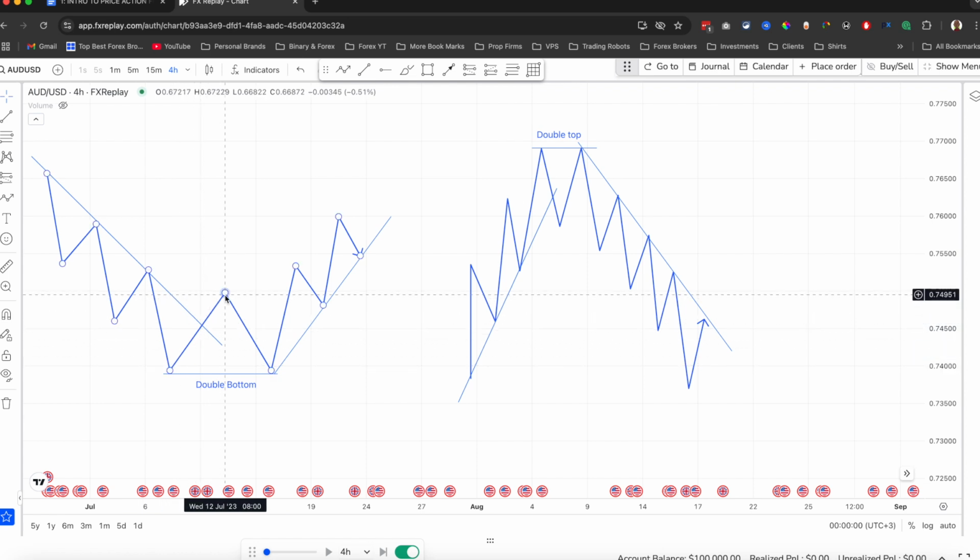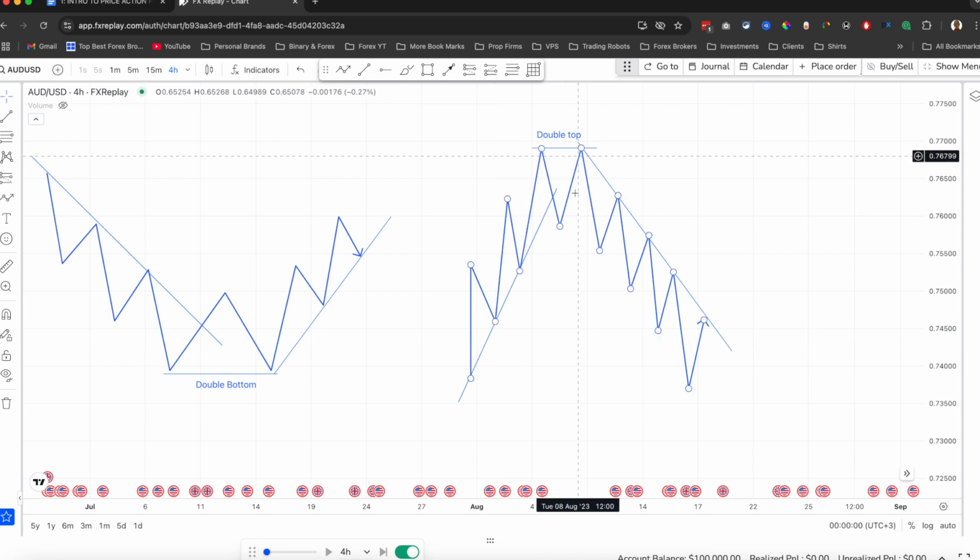So what you wait for here is the retest of this bottom here. If it passes this bottom, then it will remain that this was a fake out. But if it does not, and it's just some wicks that show some rejections as we saw earlier, then that means that there is the double bottom. Here you look for buys, and here you look for sells after the double top.